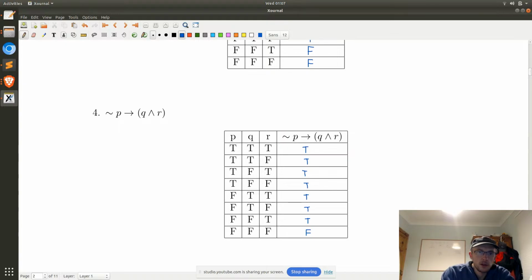Not P implies Q and R. Okay. All true, but these are not true actually. It's false. But why? True imply false? No, that's false.